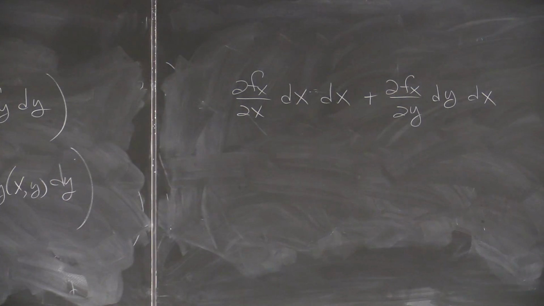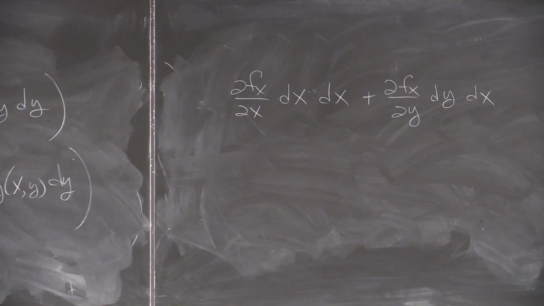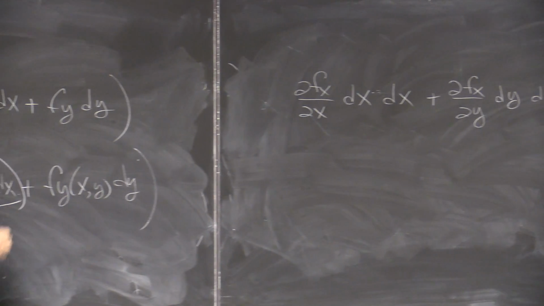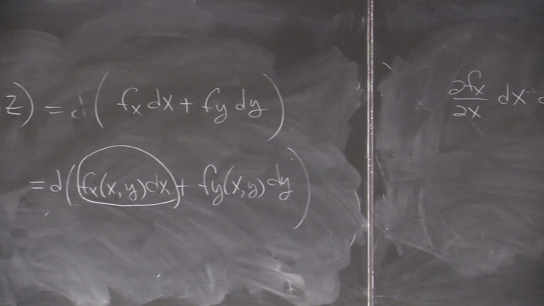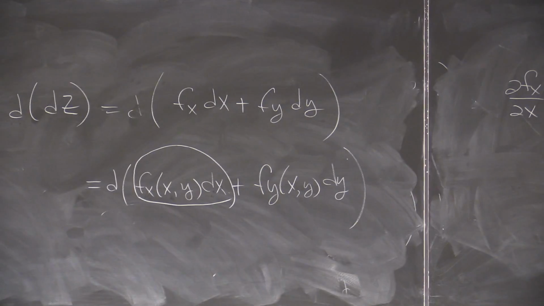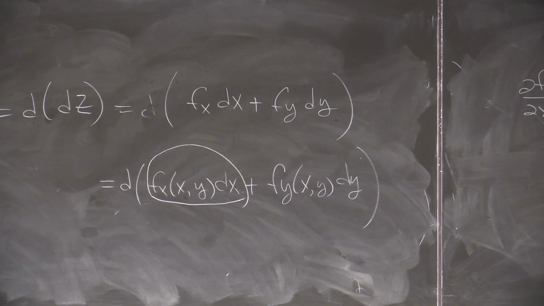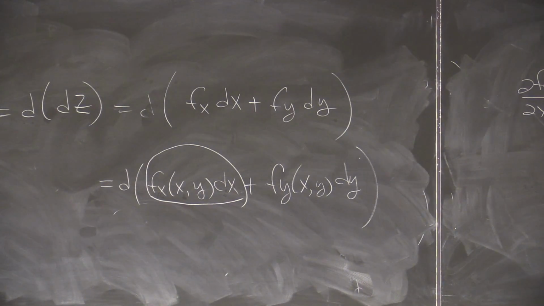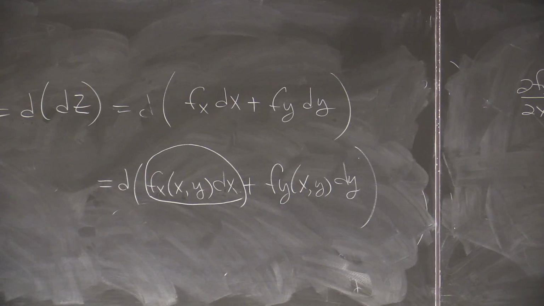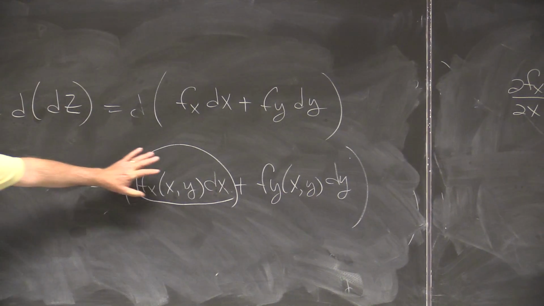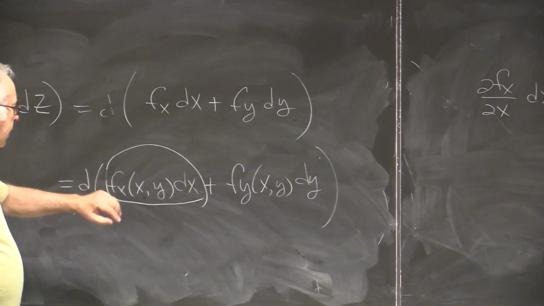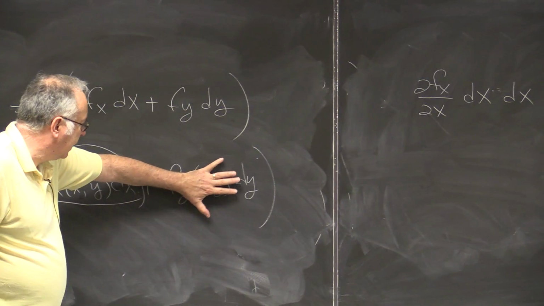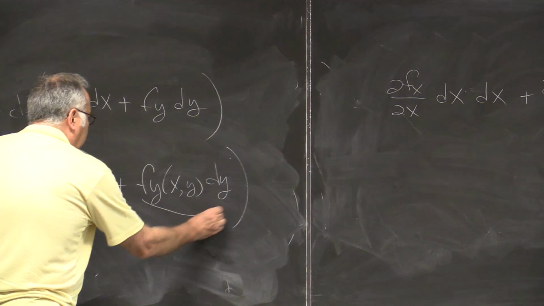All we're doing is taking the total differential of this expression right here. We're treating dx as if it were just a constant. But f sub x is going to change with x and y. So we're just taking the total differential of this term and it is that. If we take the total differential of this second term here, it will be this.